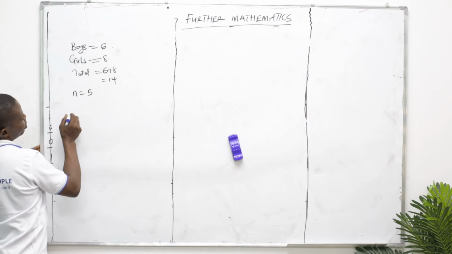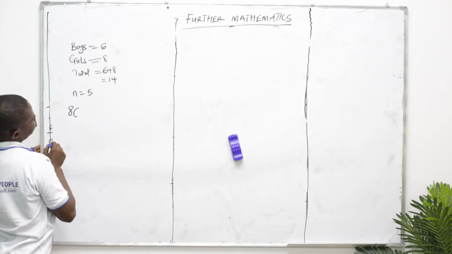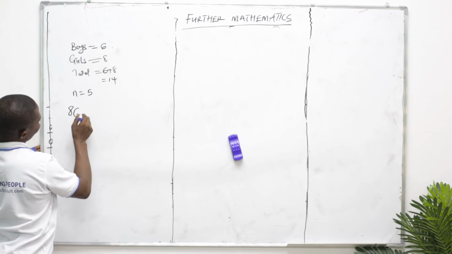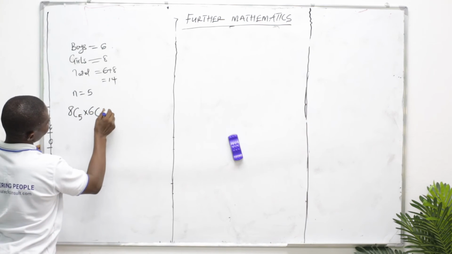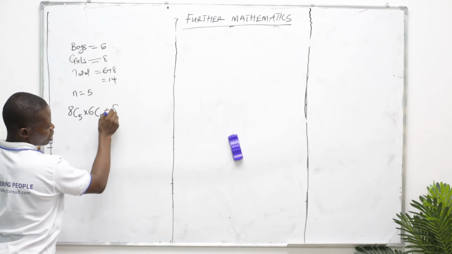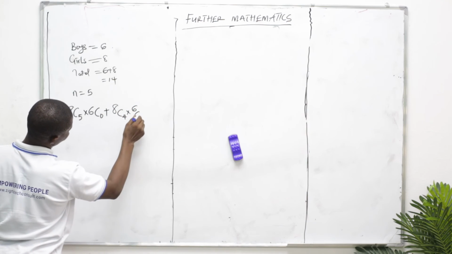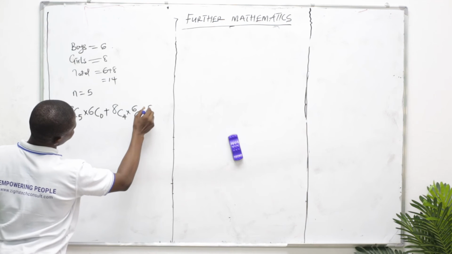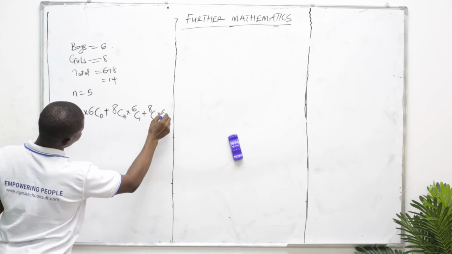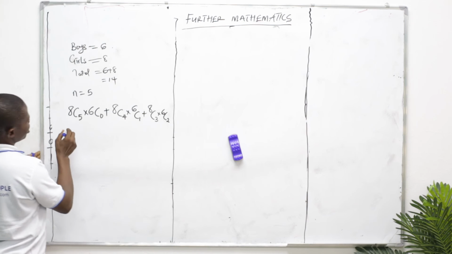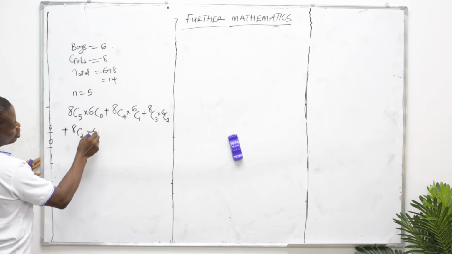It goes 8 combination 5 multiplied by 6 combination 0, plus 8 combination 4 times 6 combination 1, plus 8 combination 3 times 6 combination 2, plus 8 combination 2 times 6 combination 3.